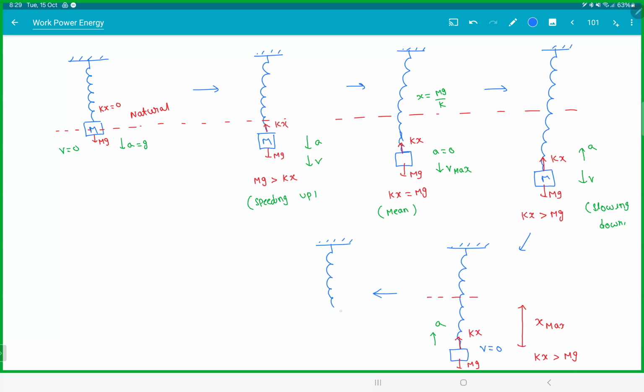Now, as the block starts going up, kx and mg. Again, remember, kx is still greater than mg. So you're going up, your velocity is also up. Speed is again increasing.